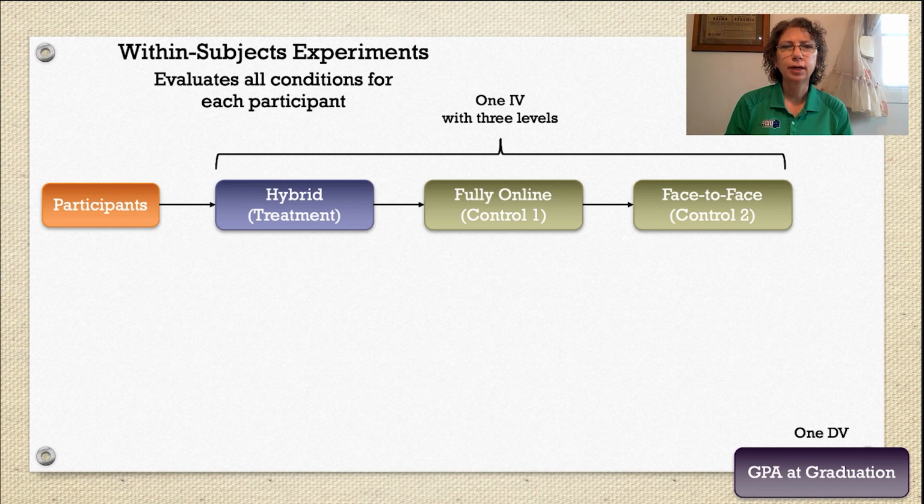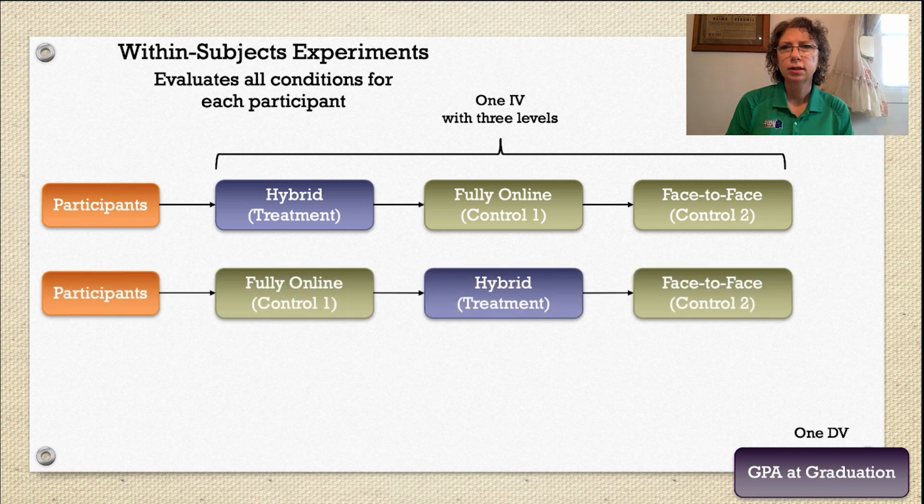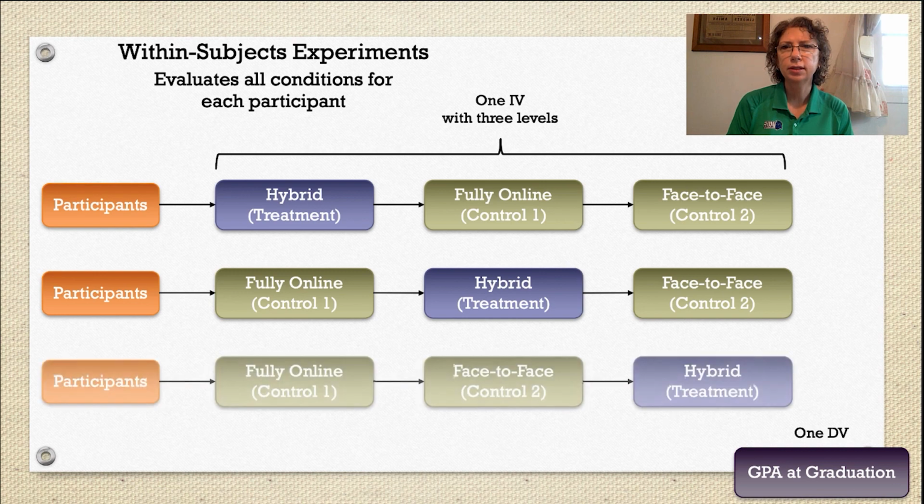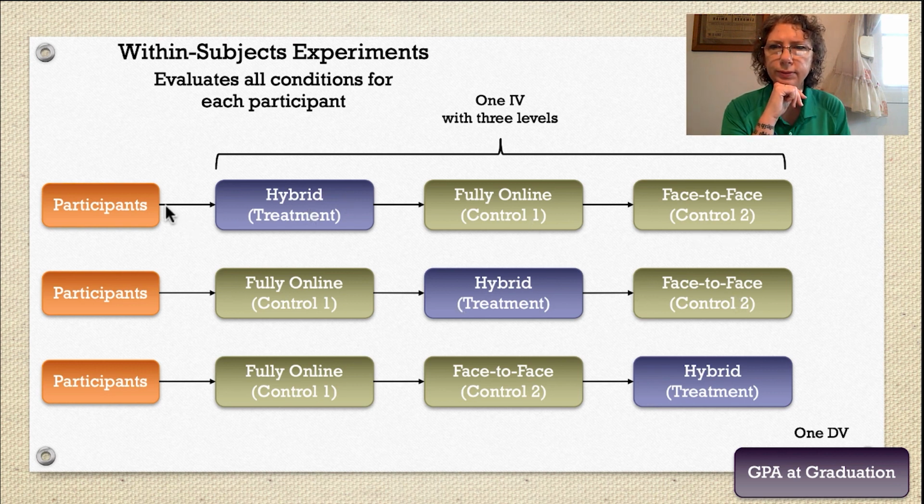And when we talk about controlling for carryover effects, what we're talking about here is that the participants need to have different orders. Like in this first one, participants go to the hybrid and then the fully online and the face-to-face.